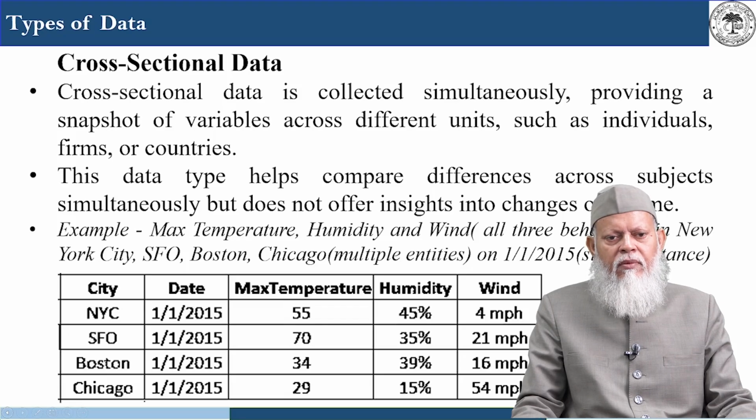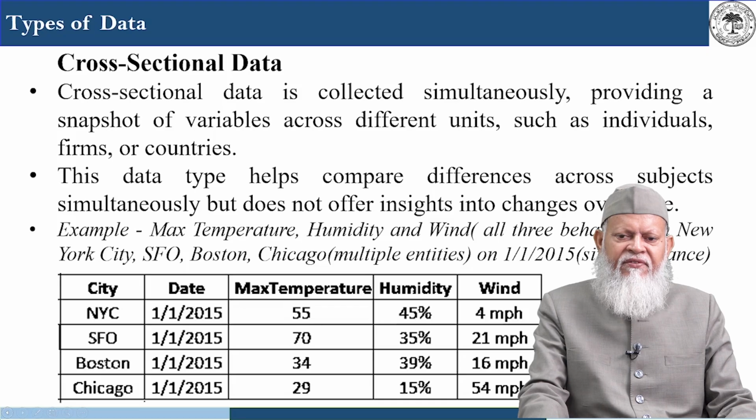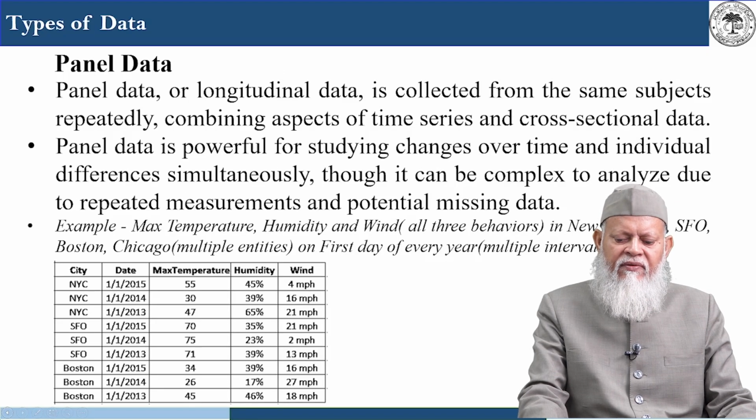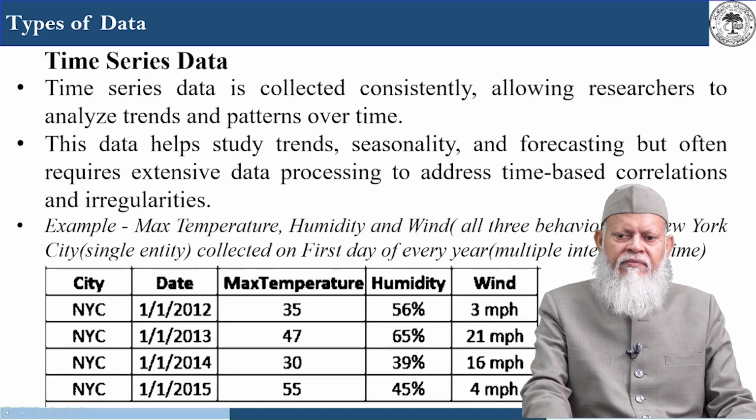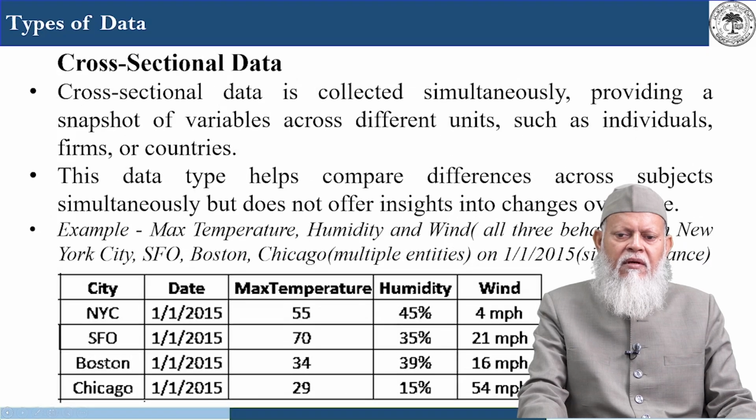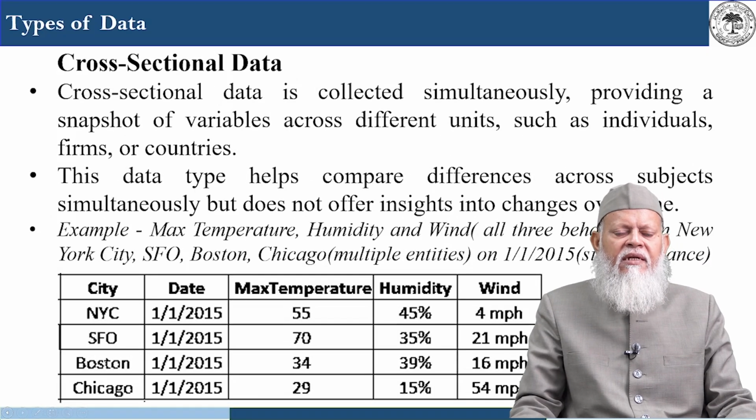One must be very clear about it: in time series data, we have one entity with multiple intervals of time, whereas in cross-sectional data, we have multiple entities, but there is only a single time period. That is the difference between the two.